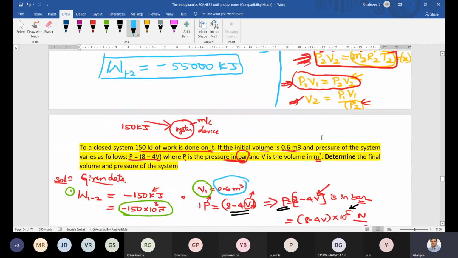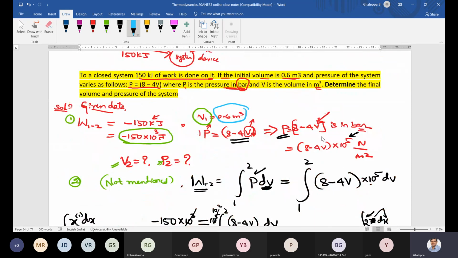Next, one more data he has asked, no? Volume you have calculated. How will you calculate the final pressure? This volume you will get less than 0.6. Okay, fine. Then how will you calculate P2? Is there any equation you are seeing on the screen where you can calculate pressure? Yes, using this equation.